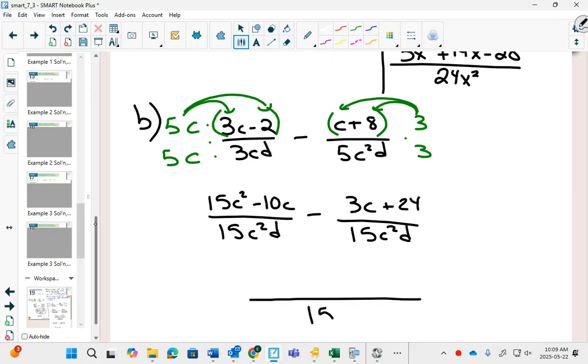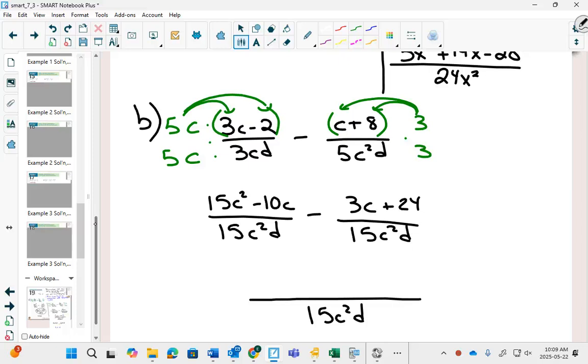So we have a common denominator of 15c squared d. Then if students are going to make a mistake, they're going to make the following mistake. So I'm going to first write the top wrong in red.